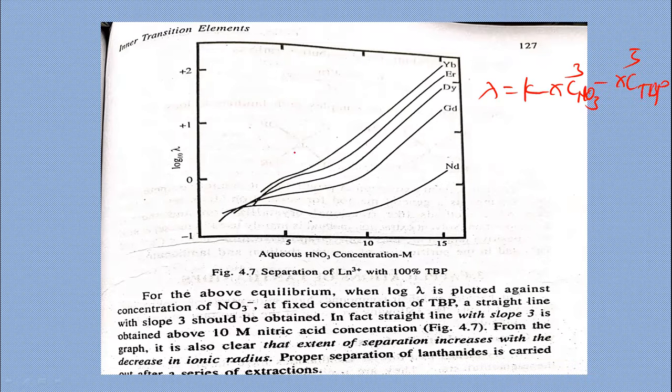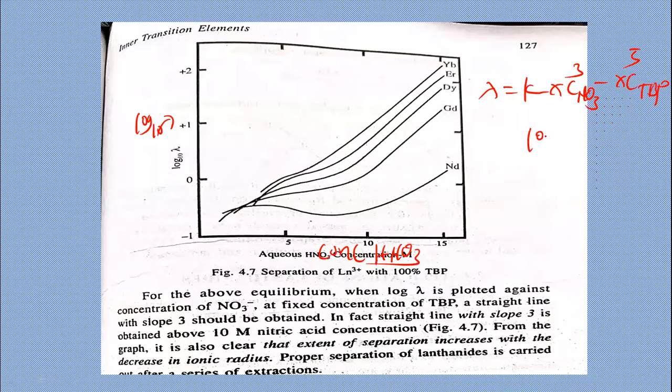When we plot this graph of log to the base 10 lambda, taking logarithm on both sides, versus the concentration of nitric acid, such a type of graph is obtained here.